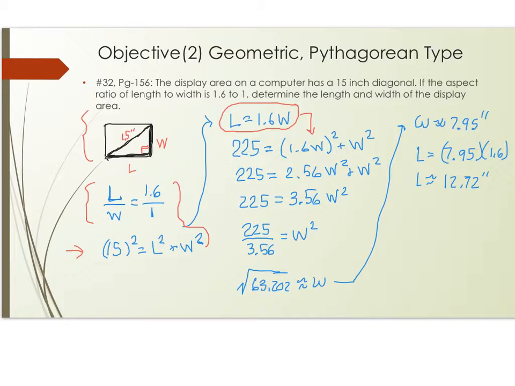And now we have 225 divided by 3.56 is equal to w squared, and we use the square root principle, and the square root of 63.202 such and such is equal to w, and we find that w is approximately 7.95. We plug that in for length. 7.95 times 1.6 is equal to L, so the length is 12.72 inches.